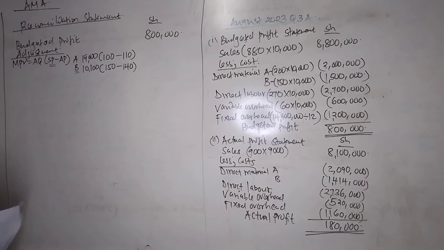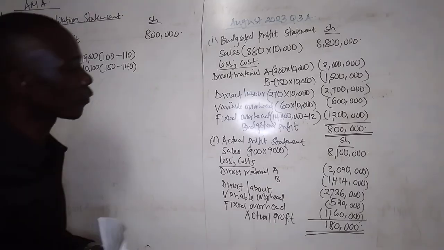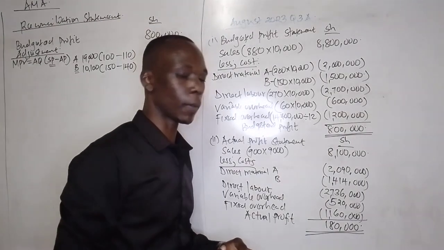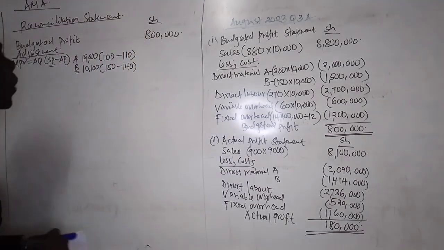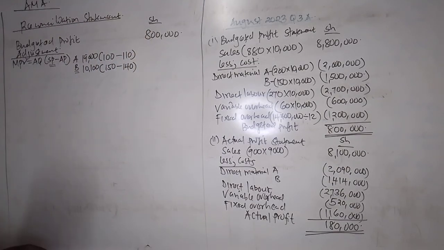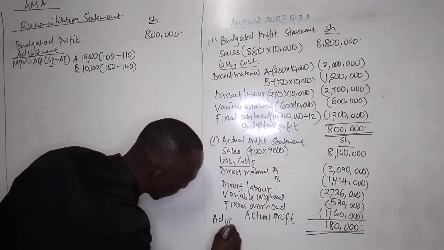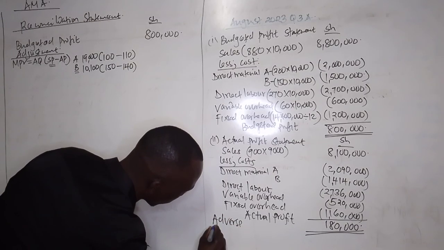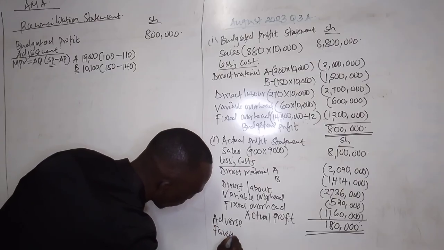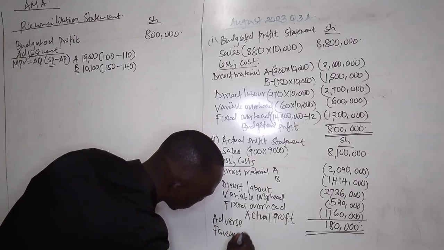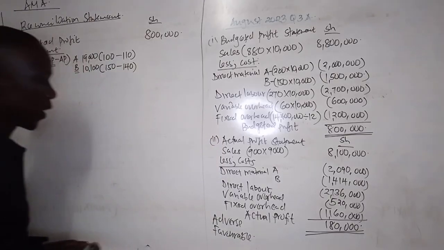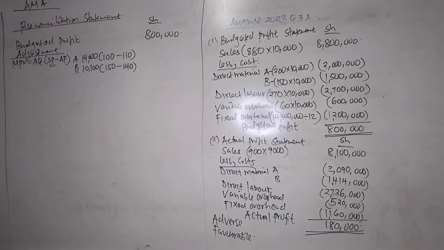In variance, we use two terms: one is adverse and the other is favorable.